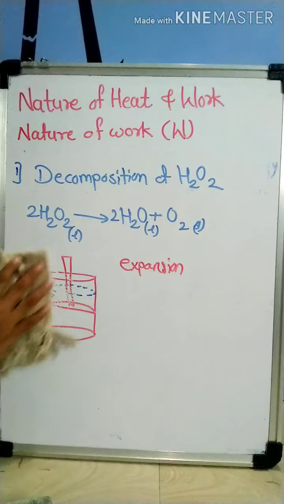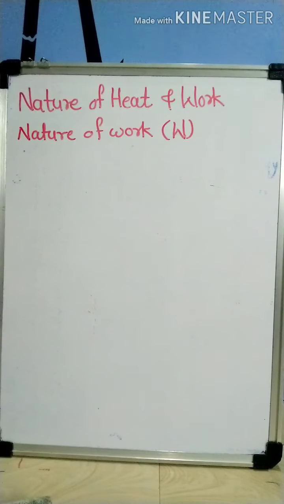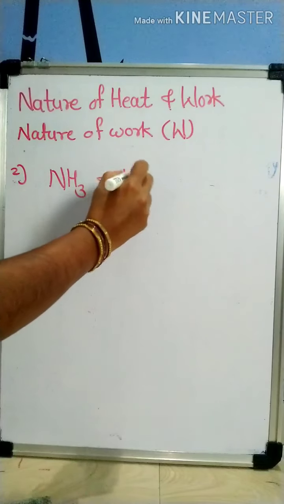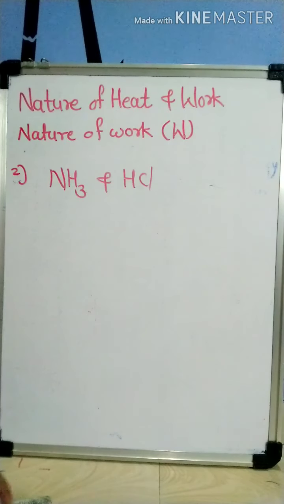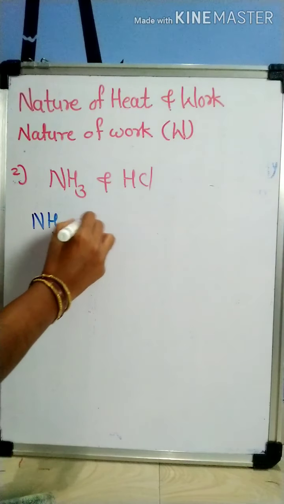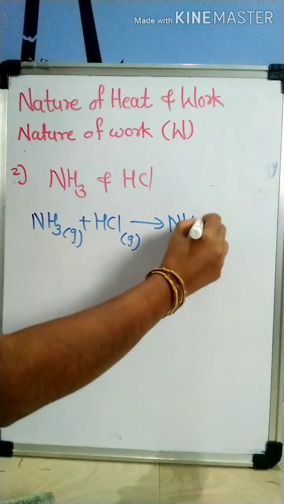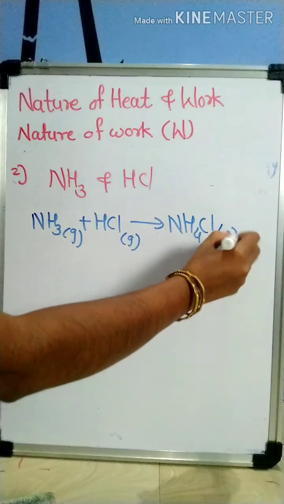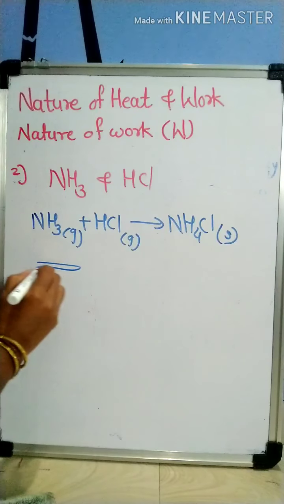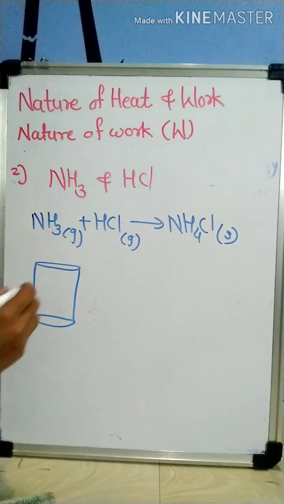The second example is the reaction of NH3 gas, meaning ammonia gas, and HCl. NH3 gas plus HCl gas gives what? NH4Cl, ammonium chloride. This reaction is the example of compression of the gas.